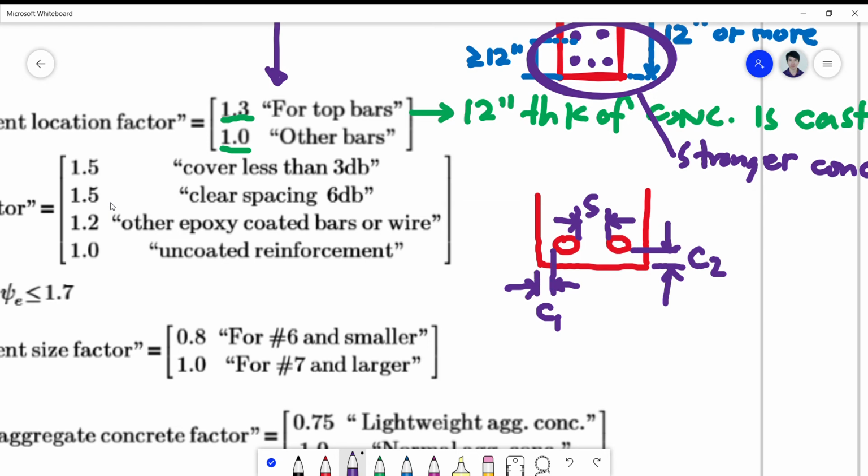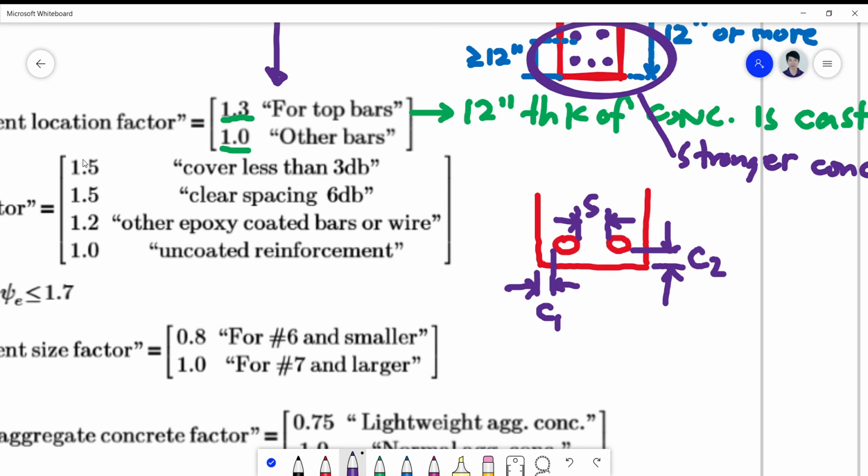If there is an epoxy coating. For other epoxy coated bars or wires which do not satisfy the condition on top, then you use 1.2, and for uncoated reinforcement you use 1.0.